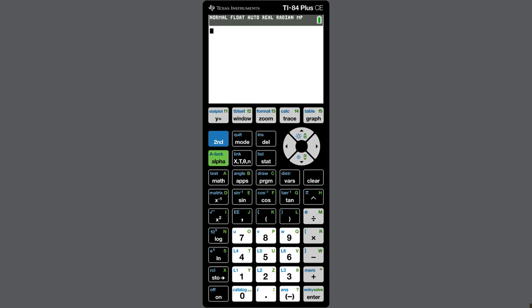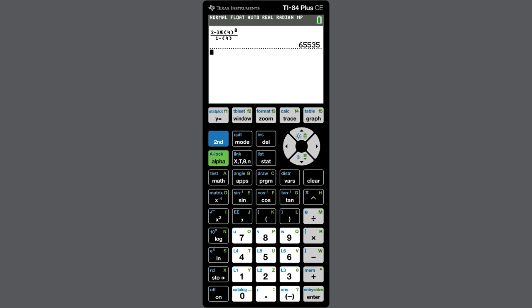But the nice thing about it is if you do alpha, y equals, alpha is the green button, y equals is the top left, and then the first one, you get a fraction. So you are less likely to make a mistake. You don't have to worry about any special parentheses or anything. So I can type this in the same way I had it on my paper, and I can get my answer.